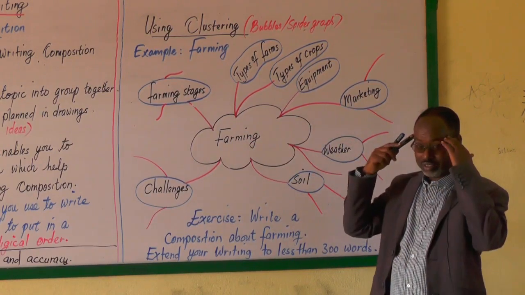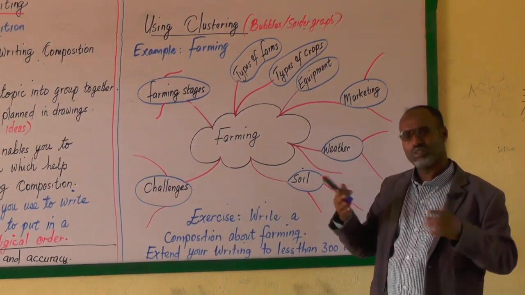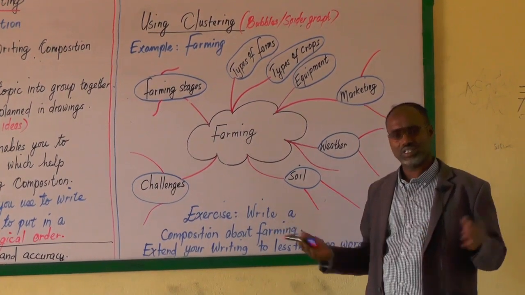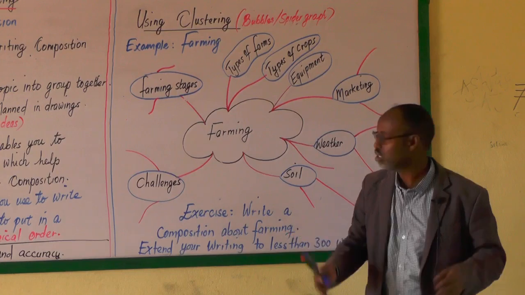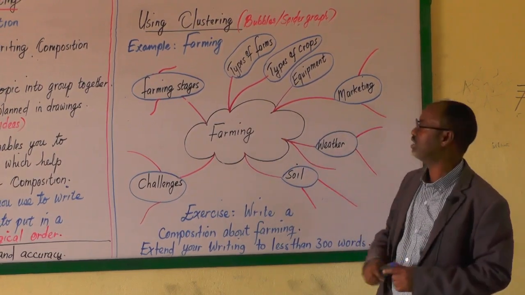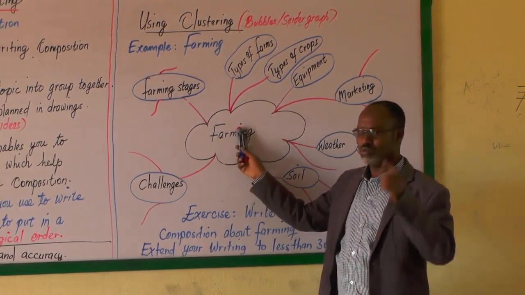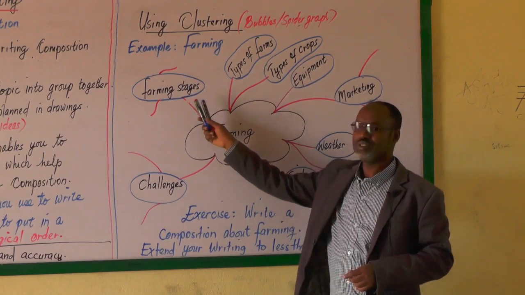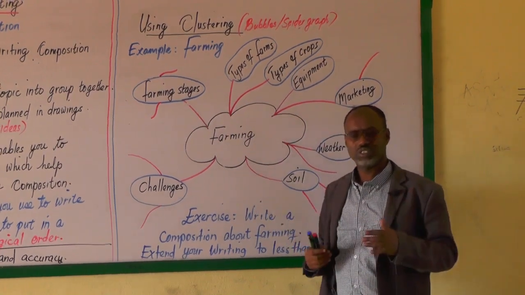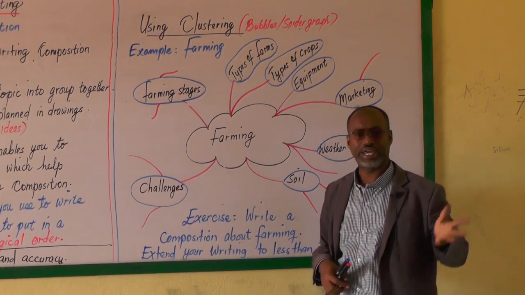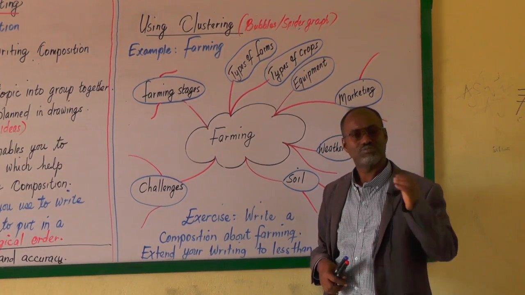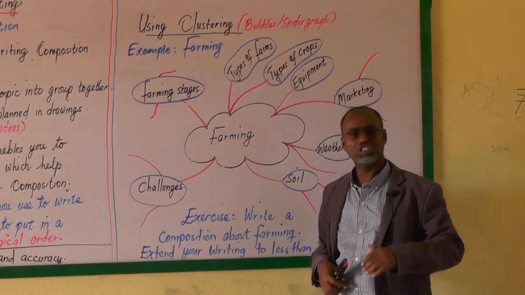Then I have to ask myself, what ideas are relevant to farming? Here we have got some. You might think about farming stages, the stages of farming from the beginning to the end, from soil preparation to harvesting.